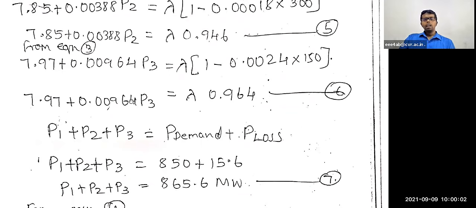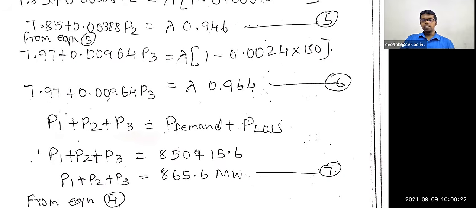In many loss problems, the blunder mistake people make is that they do not add the loss here. Why? Because in the previous problem, generation was equal to demand, that is P1 plus P2 plus P3 equal to demand. Simply like that, they take P1 plus P2 plus P3 equal to 850 megawatt and proceed, and the answer comes out different. At last it will not satisfy the demand; it will go beyond the demand, or come out very low.